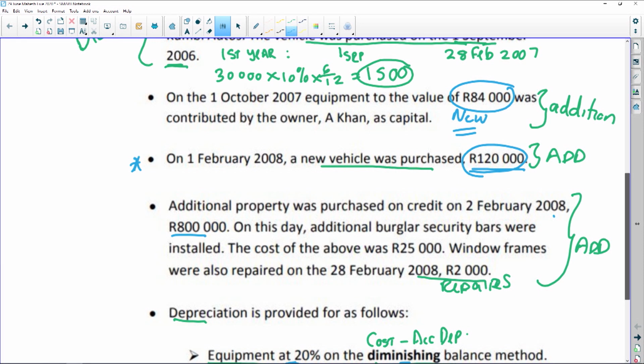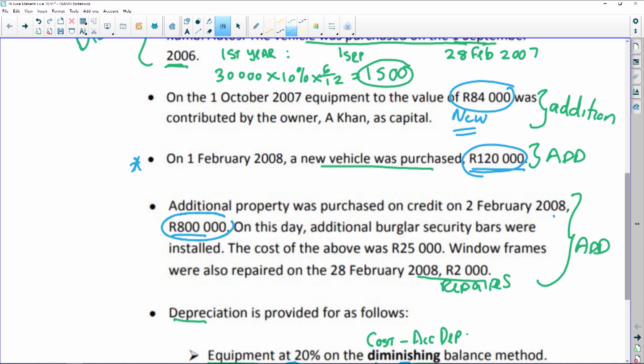Now what this is testing is whether or not you can differentiate between what is an asset and what is an expense. Remember, an asset is something that adds value to the business, something that can be used over and over again. Looking at the information given, obviously the 800,000, the cost of the new property, is an asset.